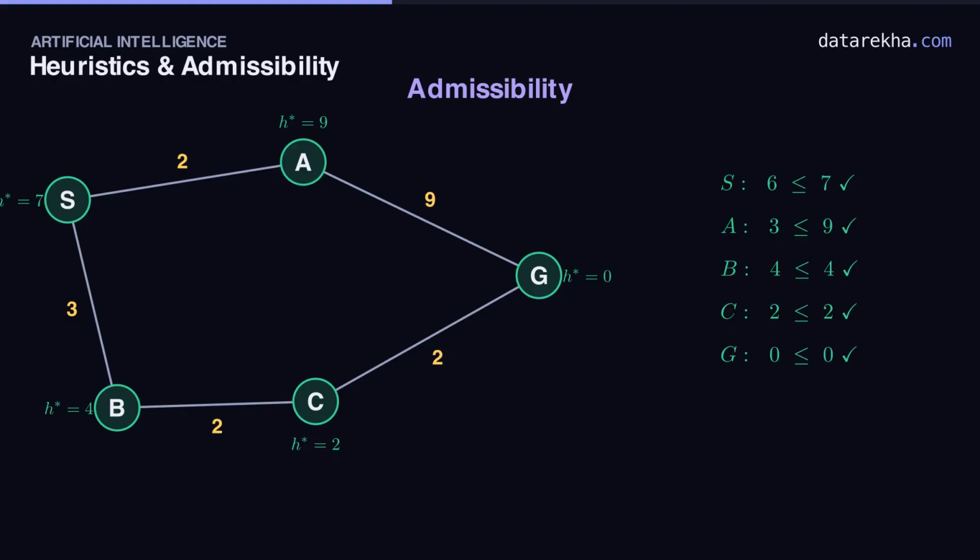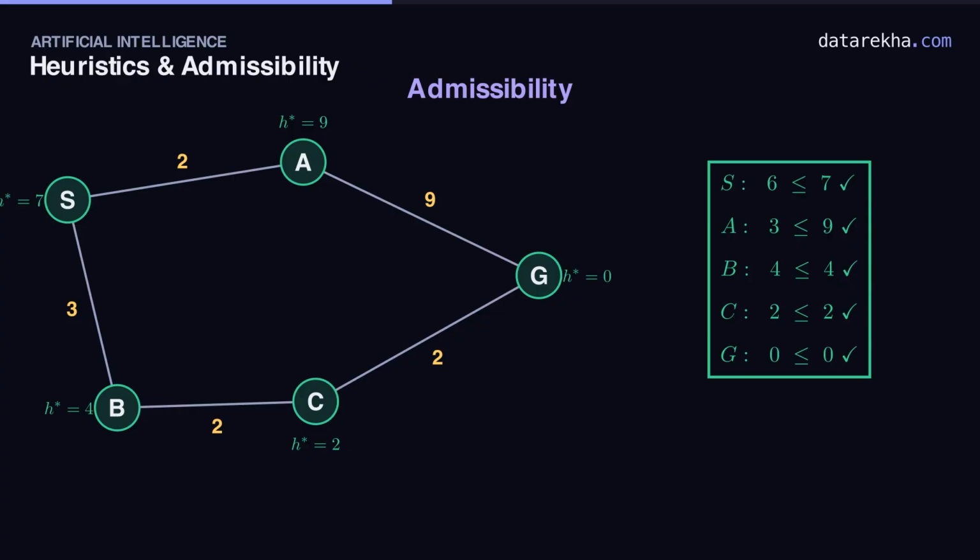A 3, at most 9, good. B 4, at most 4. Right on the line, still allowed. C 2, at most 2, fine. And the goal, 0 equals 0. Every node passes. This heuristic is admissible. And that is the exact property that will let A star, next lesson, guarantee the truly optimal path.